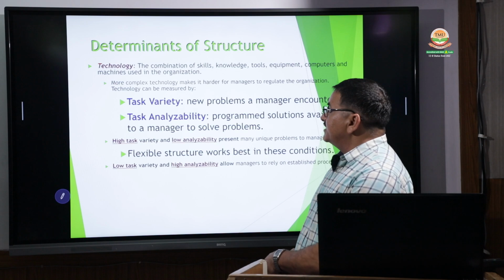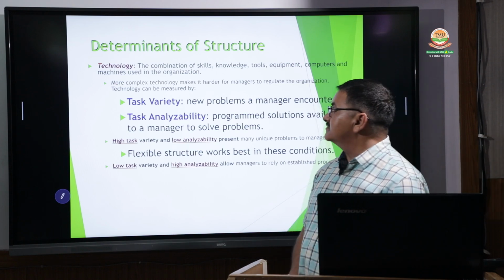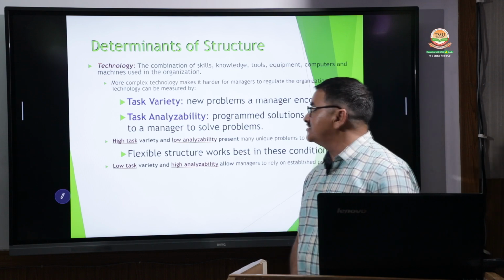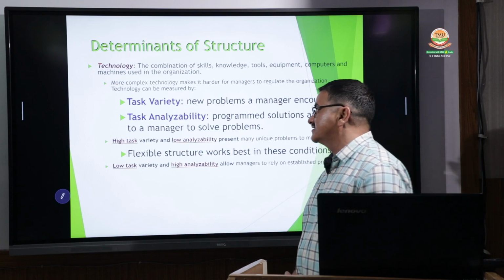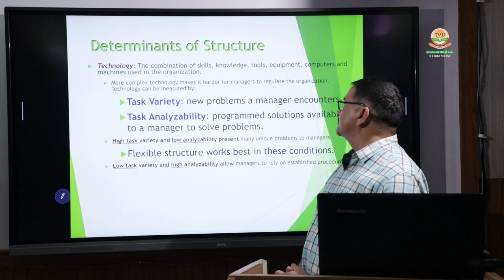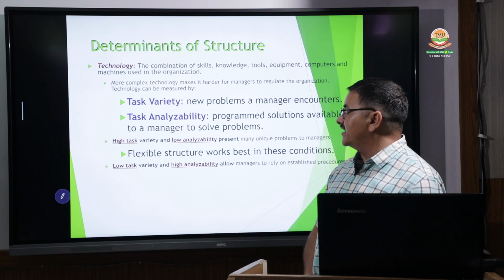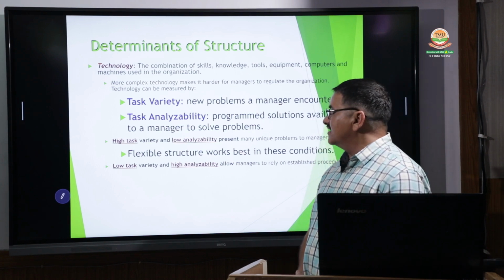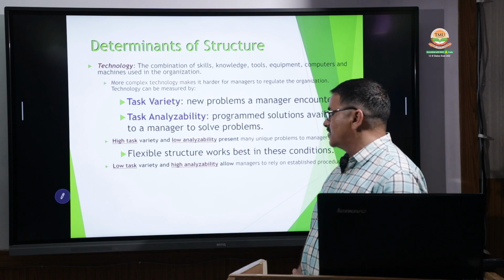Therefore, technological advancement, or the type of technology prevailing in an economy, is of utmost importance, and the combination of skills, knowledge, tools, equipment, computers and machines used in the organizations is very important for any organizational design. More complex technology makes it harder for managers to regulate the organization, and technology can be measured by task variety, like new problems a manager encounters every day, or task analyzability, that is, programmed solutions available to a manager to solve the problem.